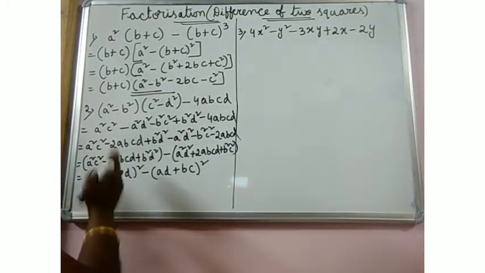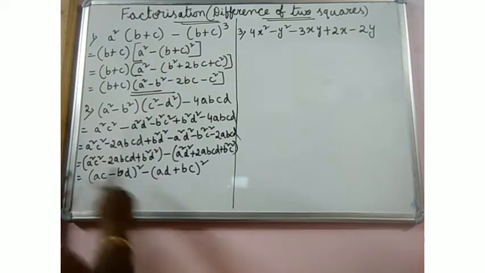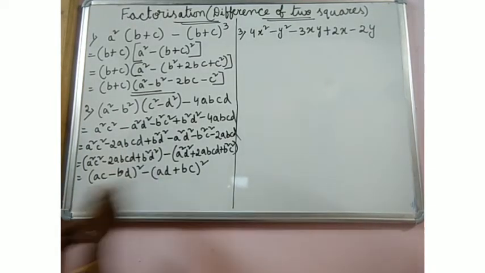Now you see, again it is like a square minus b square. So again we have to do (a plus b) into (a minus b).